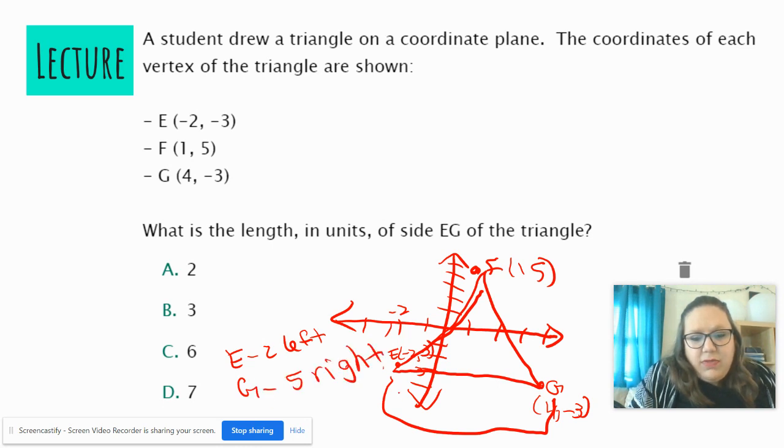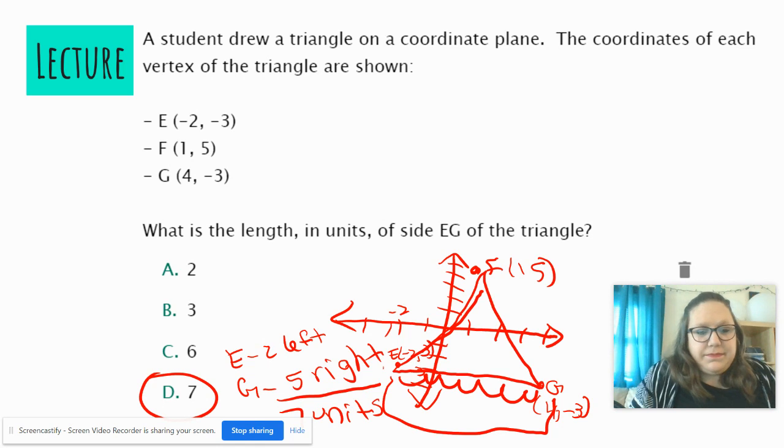If I counted those all, it would be 1, 2, 3, 4, 5, 6, 7 units altogether. The 2 to the left and the 5 to the right make a length of 7 units. So the length of EG would be 7.